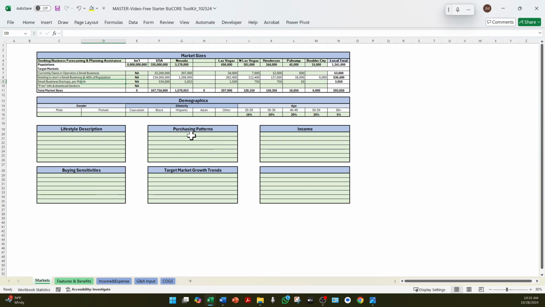Purchasing patterns: are there seasonal fluctuations, or do things change after major events, or after an election, for example? Do purchasing patterns change in your particular market? What are the trends in those target markets that you can find through research? Are they growing? Are they shrinking?